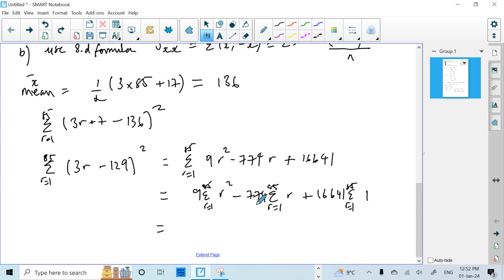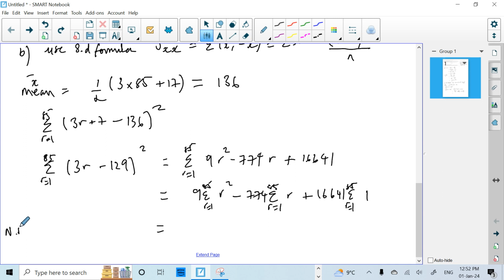Now, it's important to use the summations, because you could use your calculator here, but if you do, will you get all 6 marks? I'm not sure the examiner will give you all 6 marks for this part if you just go straight to your calculator. So you need to be careful at this point.